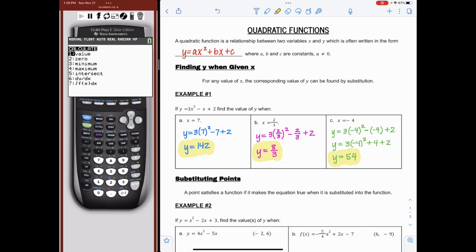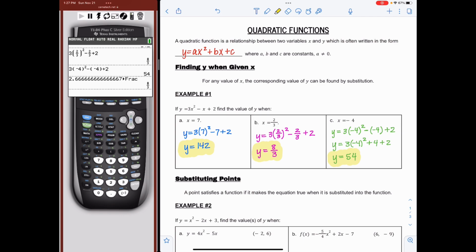If I go back to second trace, calculate, and then I type in the x value for part B, it was 2 divided by 3. As you can see, I have 2.6 repeated and then a 7. So if I go back out to the main menu and I just type in 2 point and repeat a whole lot of 6's and put a 7, and then if I go to math, enter for a fraction, it gives me 8/3.